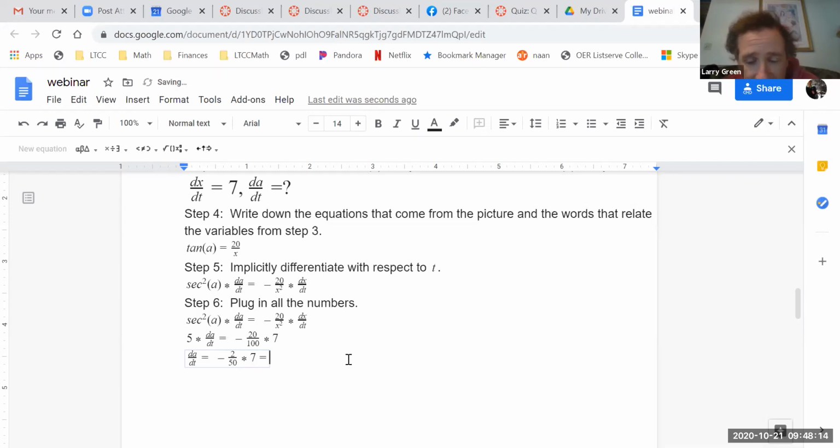And that is equal to negative 14 over 50, which is 7 over 25. Or if you multiply by 4, it's negative 0.28.